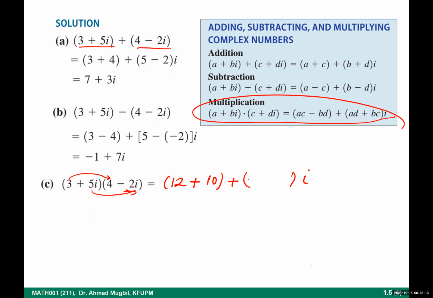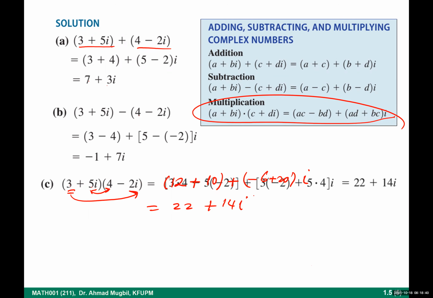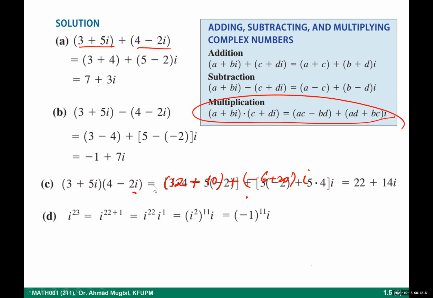We multiply the outer terms and the inner terms. So what will you get? Negative 6 plus 20i. All of them have i. Here you will have 22 plus 14i. Is that right? Why minus? Who said minus? It is 20 minus 6. It is positive 14. Now, we have mentioned this: what is i to the power 23? We solved it already. You can solve it this way, or the best way is the one that we used before.